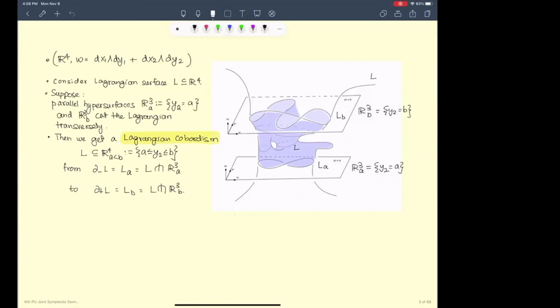So we get a Lagrangian cobordism, and a general question you can ask is, given two candidates for slices, can we get such a Lagrangian cobordism? Note that I use the words from and to because Lagrangian cobordisms really have a direction, and we'll see that in this talk.